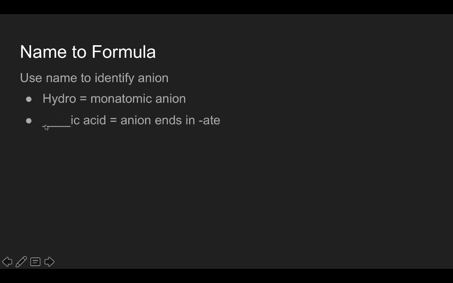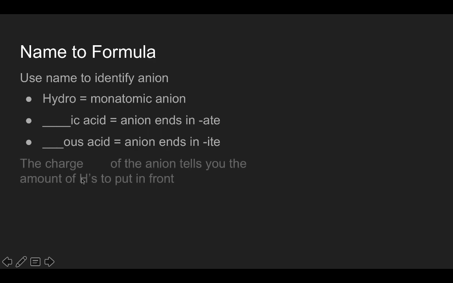If it ends in ic acid without hydro, then the anion ended in ate. And if it ends in ous acid, then the anion ended in ite. Once you identify the anion, the charge of the anion will tell you the amount of hydrogens to put in front of the anion.